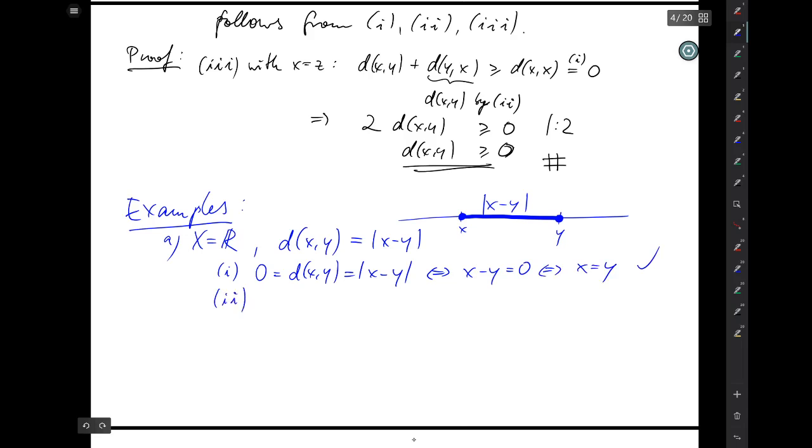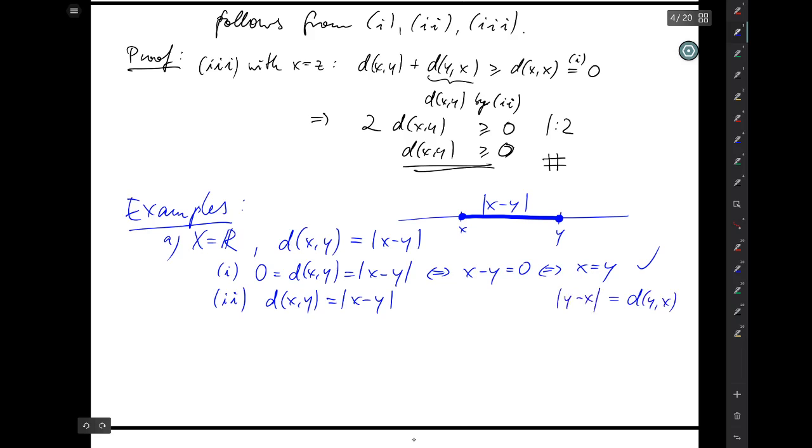Property 2, you have to check whether the distance of x comma y and y comma x are the same. So the distance of x comma y is the modulus of x minus y. We want to arrive at d of y comma x. What is that? Well, it's the modulus of y minus x.